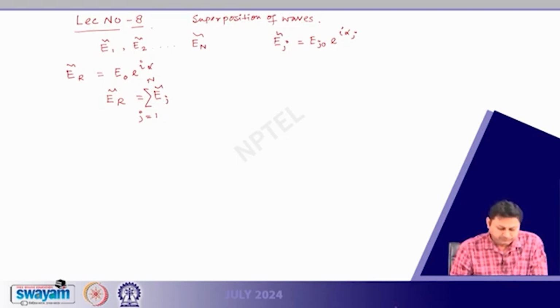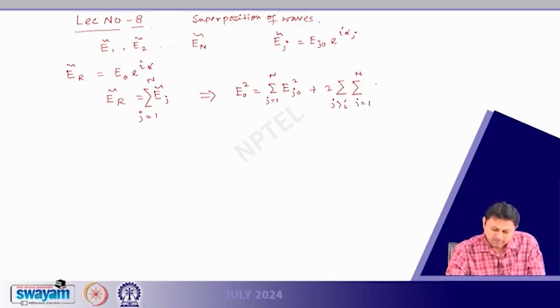If we want to find E0 from here, then E0 square is essentially the sum over j from 1 to n of Ej0 square, plus 2 times the sum over j greater than i, i going from 1 to n, of Ej0 Ei0 cos of alpha j minus alpha i.